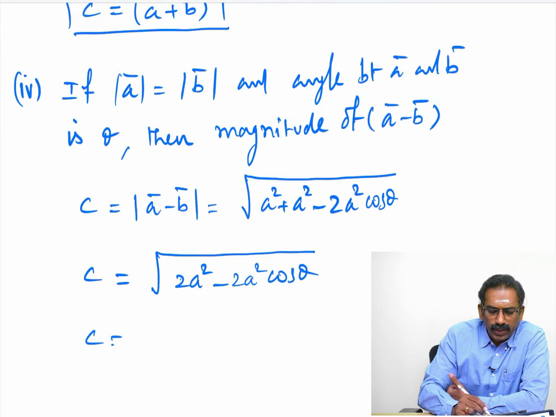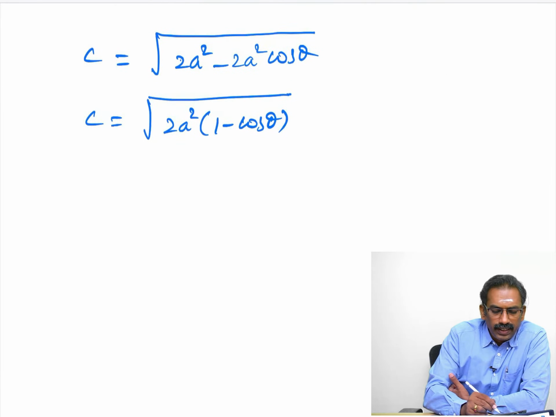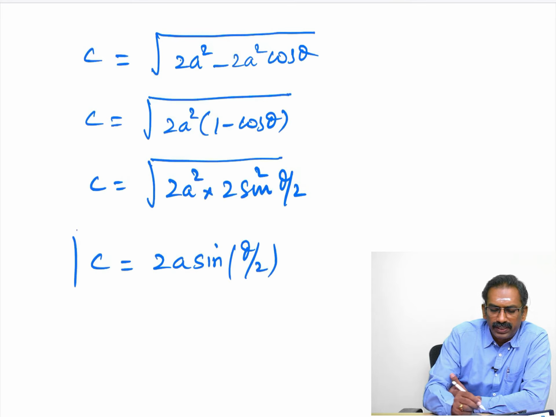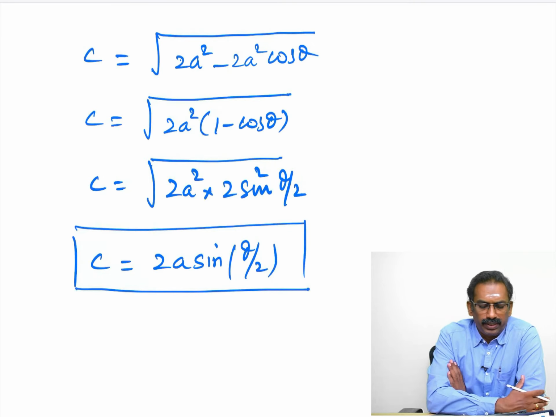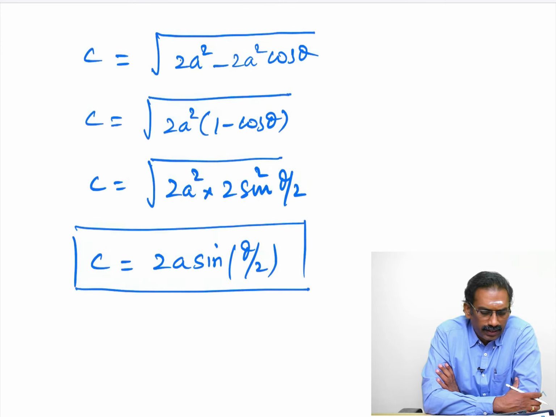Then c is equal to square root of 2a square into 1 minus cos theta. C is equal to square root of 2a square into 2 sin square theta by 2, and c is equal to 2a sin theta by 2. This is the magnitude of resultant of two vectors of equal magnitude acting at a point at an angle theta. If one of the vectors is reversed, then the resultant magnitude c is equal to 2a sin theta by 2.